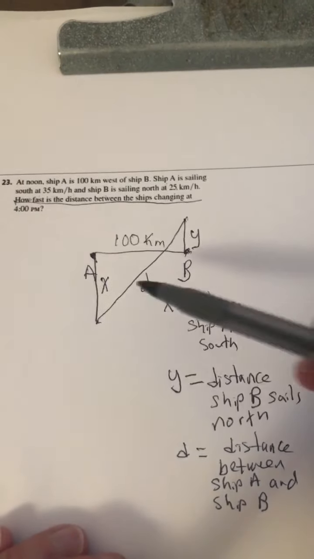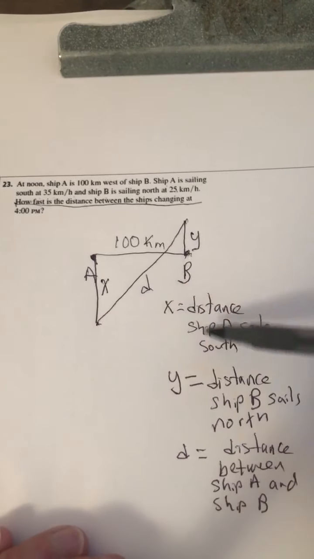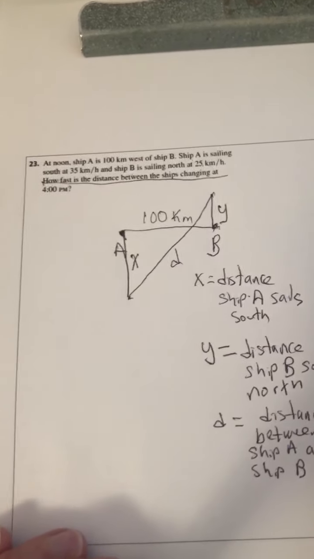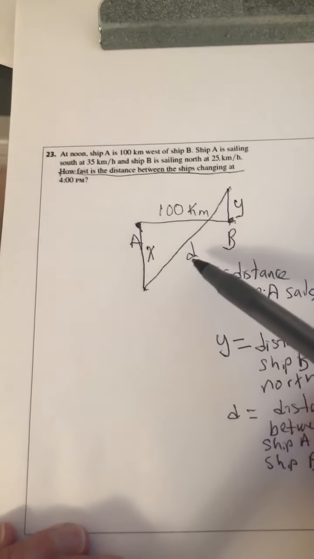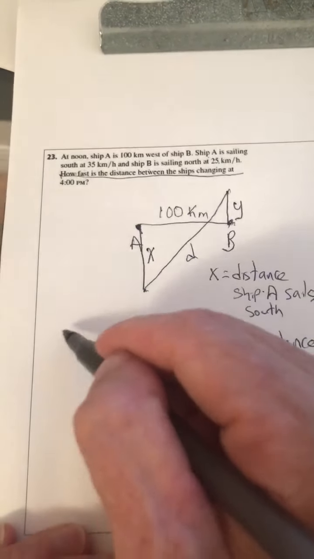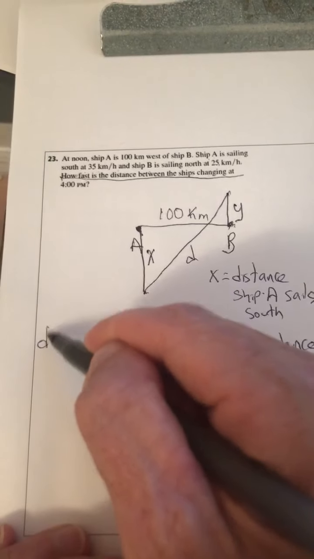I draw the diagram, I introduce the variables. Now from our diagram, maybe you can be convinced that we have a right triangle.